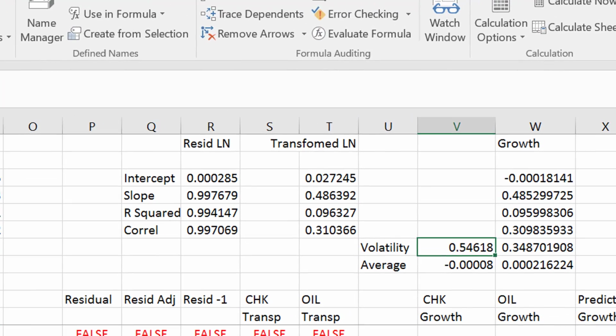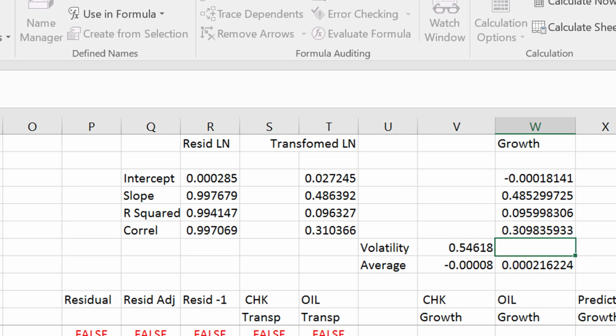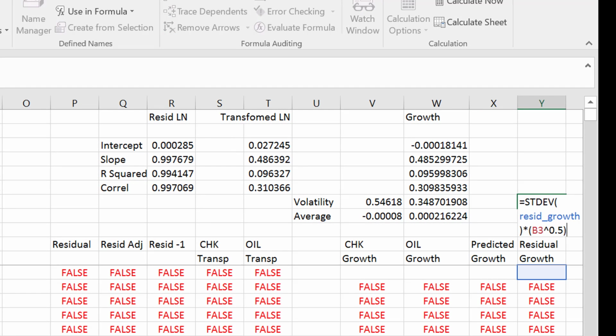So the volatility of the change in the price of the stock is 54%, the oil price is 34%, and the residual, after you have taken everything out, is 17%.